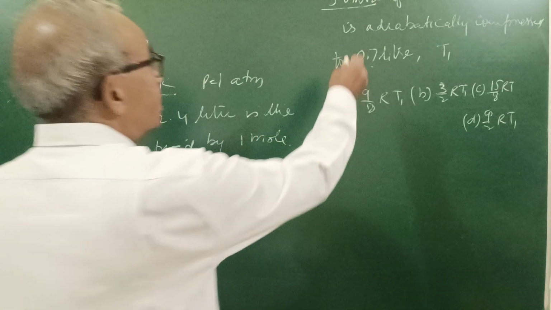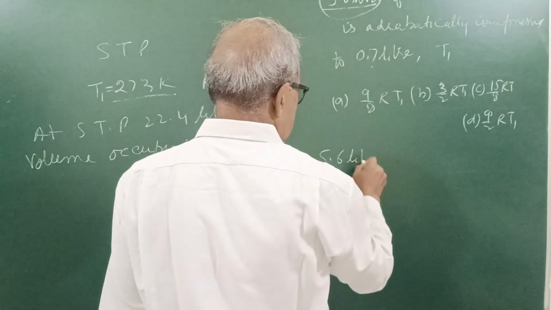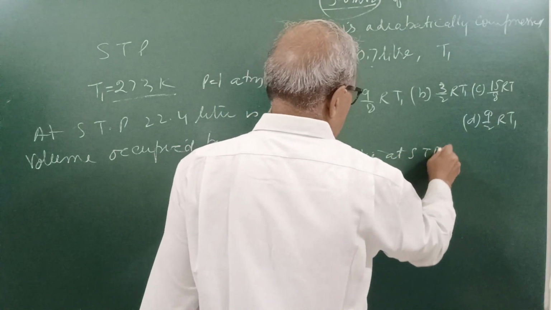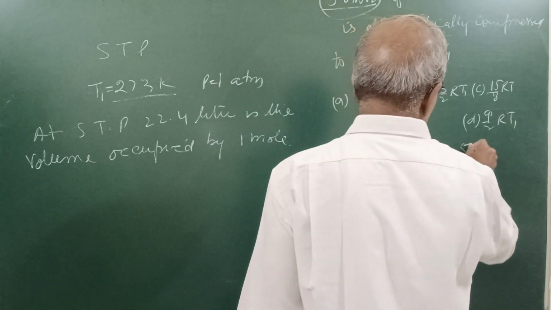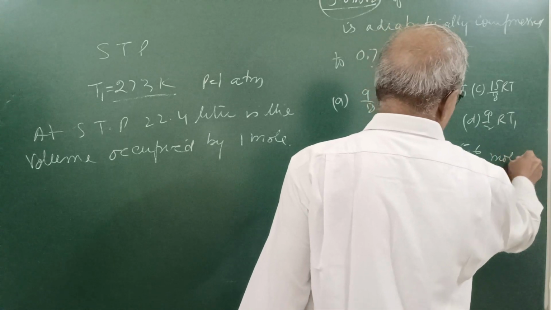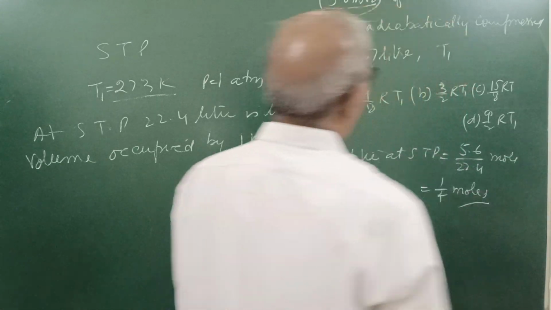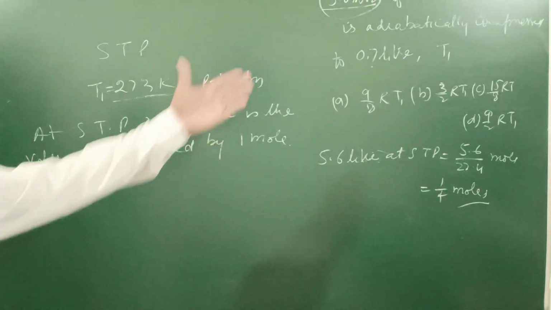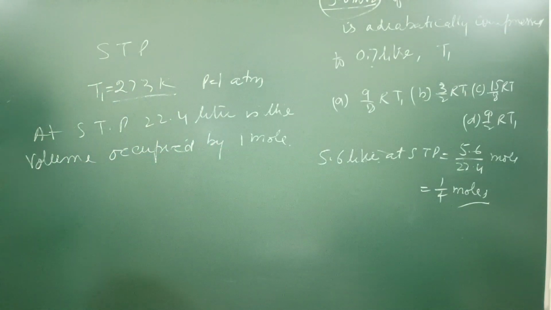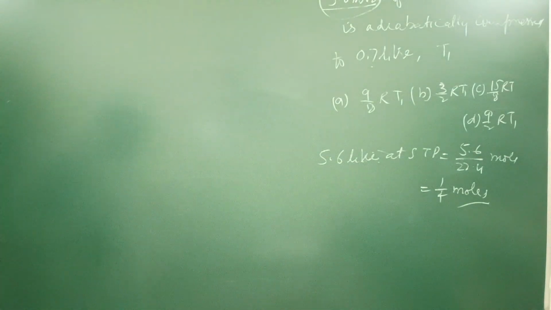So how many moles does 5.6 liter have? 5.6 upon 22.4 moles, that is 1/4 mole. Students preparing for competitive exams know this well.